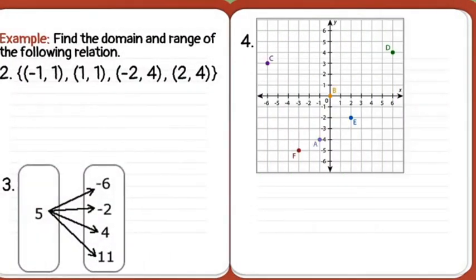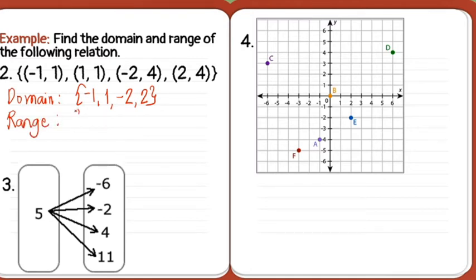Let's have another example. So, find the domain and range of the following relation. So, same procedure lang tayo. So, for the domain, lahat nung first coordinate. So, we have negative 1, 1, negative 2, and 2. And then, for the range, kung mapapansin nyo sa range, dalawang 1, naulit siya.